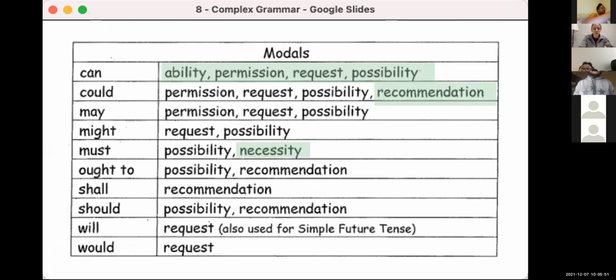We can see here that one modal can have many different meanings, many different ways to use it. And we also have, for one meaning, different options of modals that we can use. So for permission, we could use can I, could I, and may I.